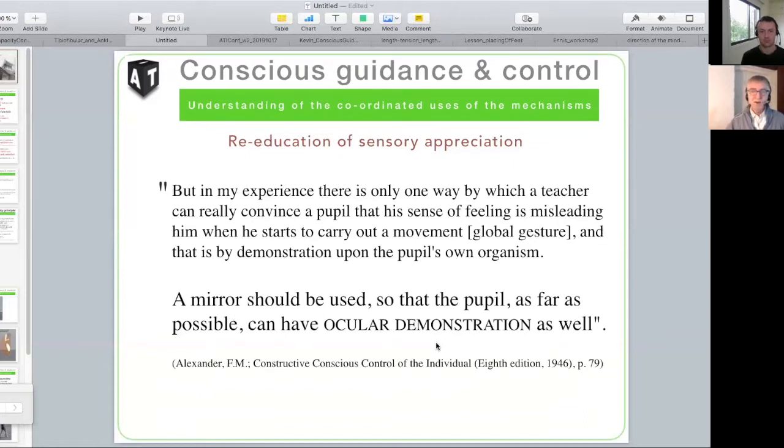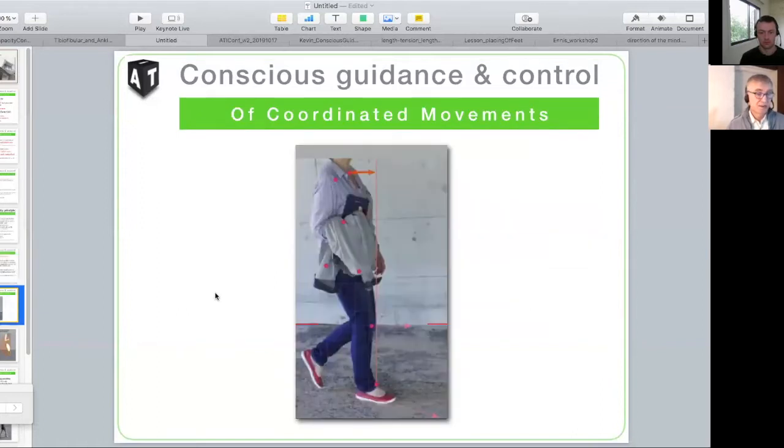So when I organize a workshop, for example, I have to very quickly bring the people, especially if they are teachers of the modern Alexander technique, to understand what it is we are talking about. So I will start with a very basic activity. I'm showing you a new image. That image was taken during a workshop.